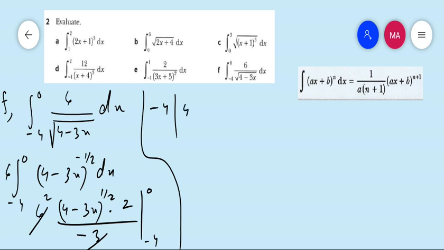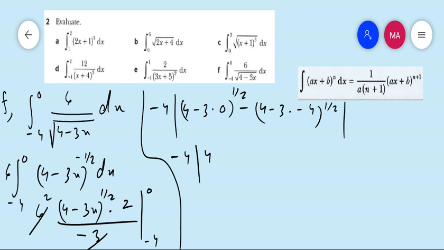now apply the limit. 4 minus 3 into x, x is 0, power half, minus 4 minus 3 dot minus 4 power half, minus 4.